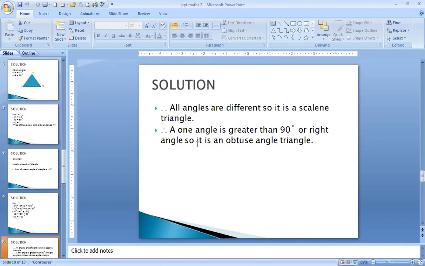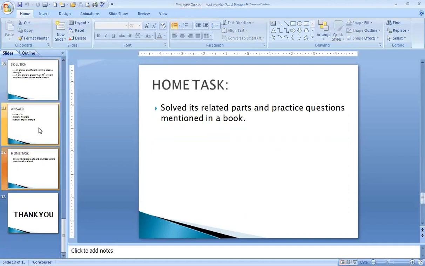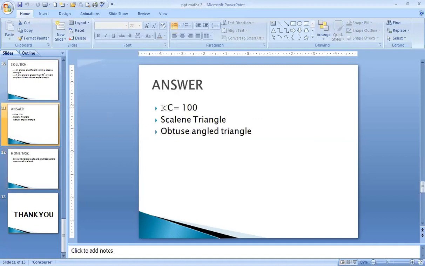So this angle C forms an obtuse angle, and due to this obtuse angle, the type of triangle with respect to its angles is an obtuse angle triangle. So write the answer this way.